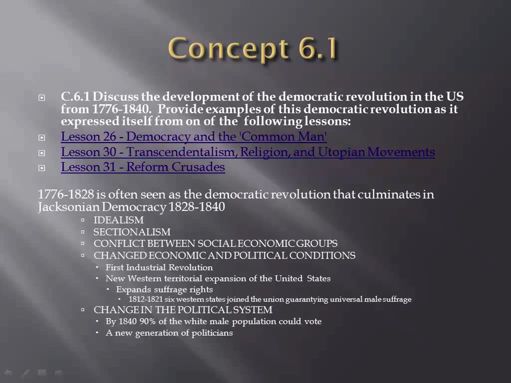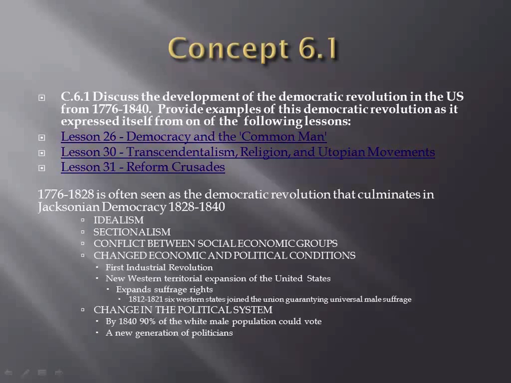Changed political and economic conditions. First, the economic. The development of the first industrial revolution led to a change in the political needs of the different social and economic groups, as well as the geographical sections of the country. Many people saw the possibilities of using the powers of government either to resist or promote the Industrial Revolution.